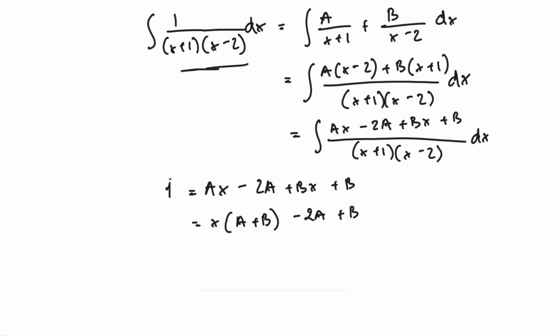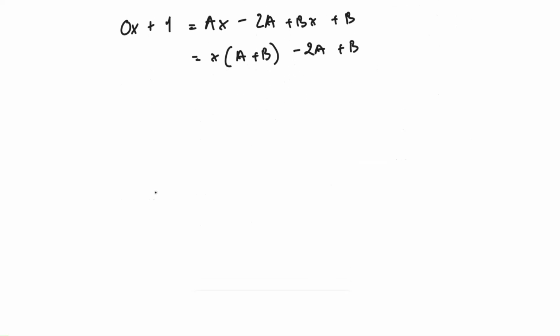The 1 is a constant term, and the left side is 0x plus 1. So we need to compare the x term with the x term, and the constant term with the constant term.